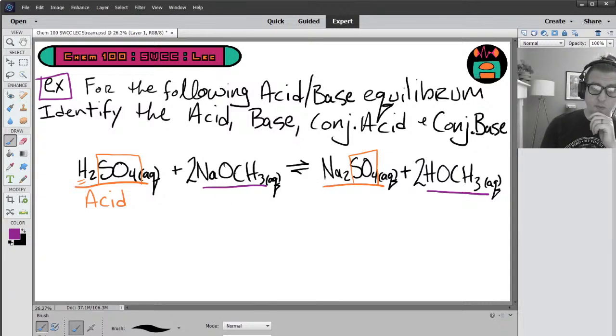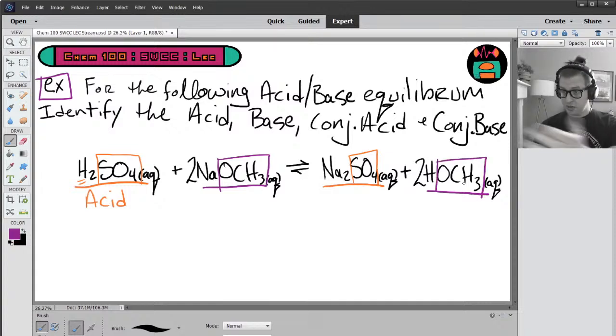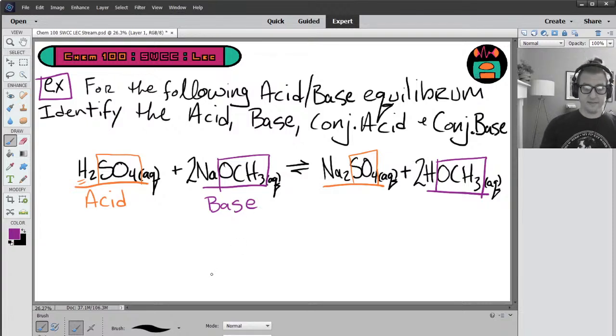So here we can see that OCH3 becomes HOCH3. This chunk of the molecule has gained a hydrogen through the reaction, so it is a proton acceptor, making this the base. All right, so we've identified our acid, we've identified our base.